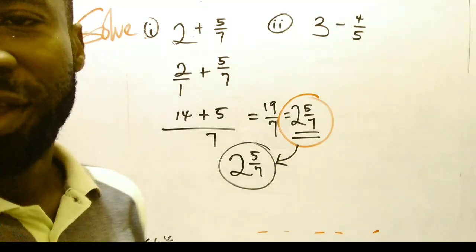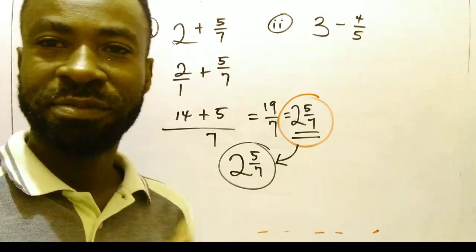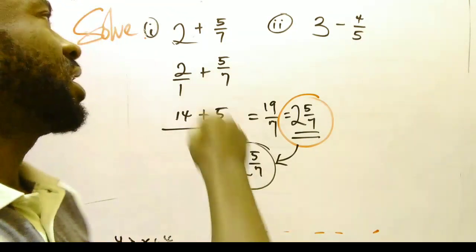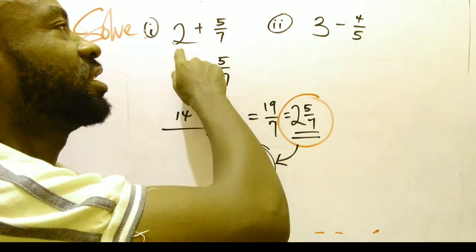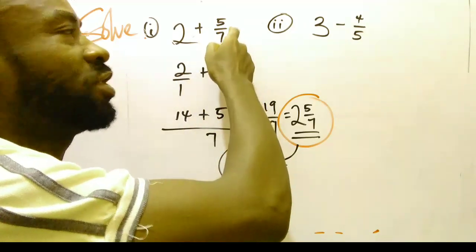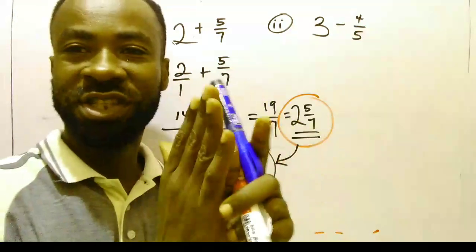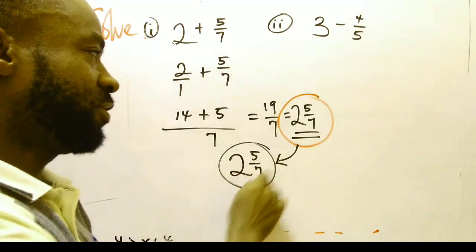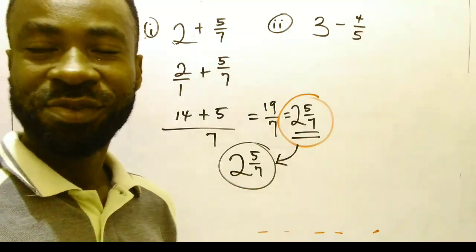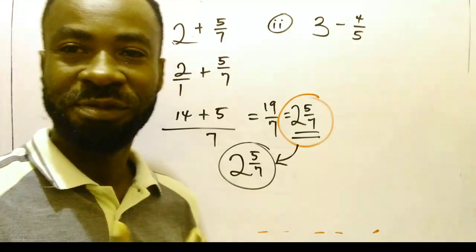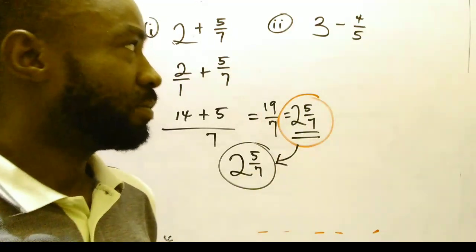So you can simply explain it to them by telling them that anytime you have a whole number being added to a fraction, all you have to do is merge them together, and that will give you your answer. So that is one of the ways you can really explain it to them.